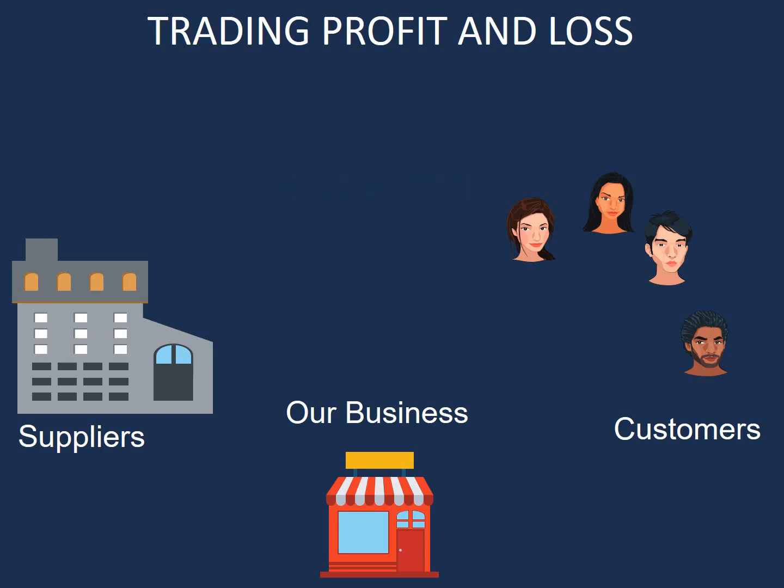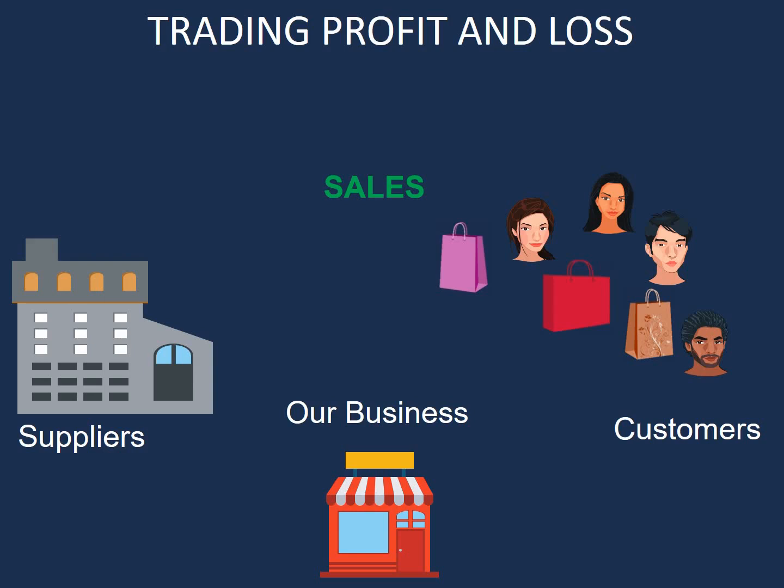Then after the business bought the goods, the goods are sent to the business, and those goods we call inventory, and inventory we also enter in our trading account. And then once the business has its inventory, it can now sell it to its customers, and we call that sales, and sales is also entered in our trading account.